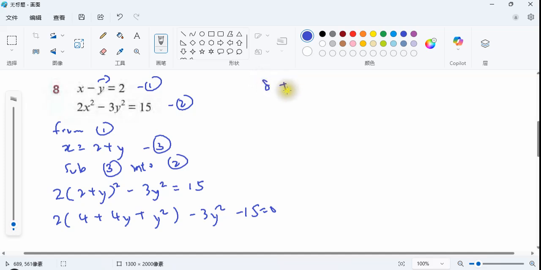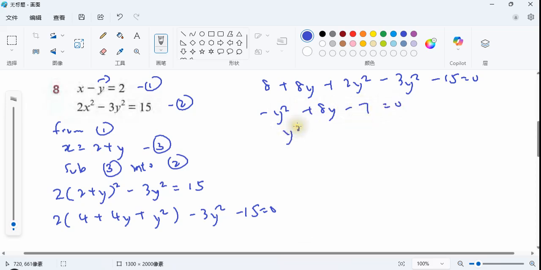So we have the 8 plus 8y plus 2y squared minus 3y squared minus 15 equal to 0. Negative y squared plus 8y minus 7 equal to 0. Then we have y squared minus 8y plus 7 equal to 0.